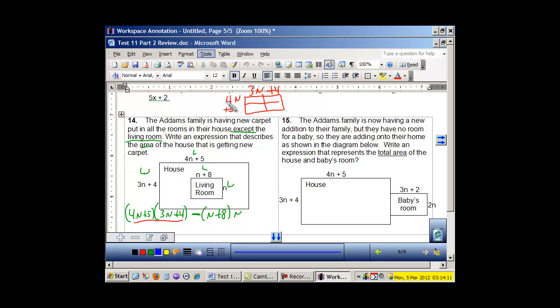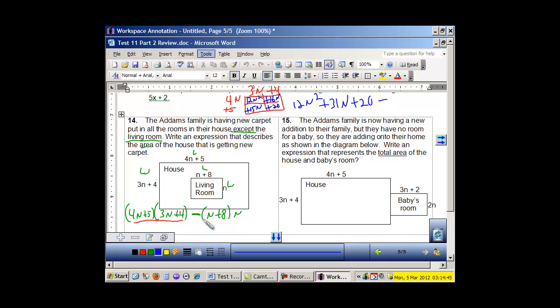Yeah, 4n times 3n is 12n squared. 4 times 4 is 16, plus 16n. 5 times 3 is 15, plus 15n. And 5 times 4 is 20. Well, that's 12n squared, 16 and 15, plus 31n plus 20. Okay, I've got to subtract that from whatever I get down here.